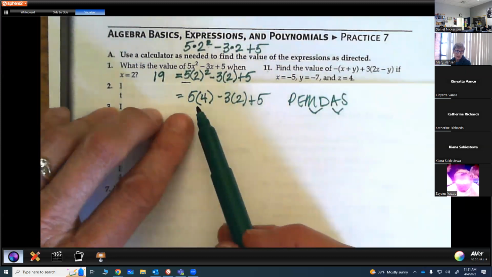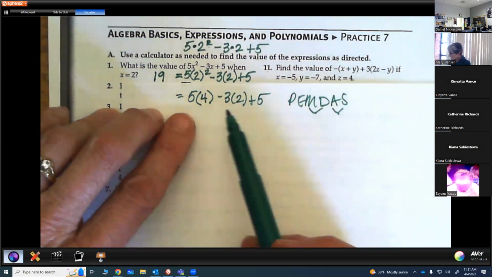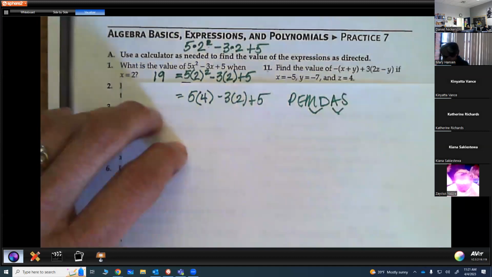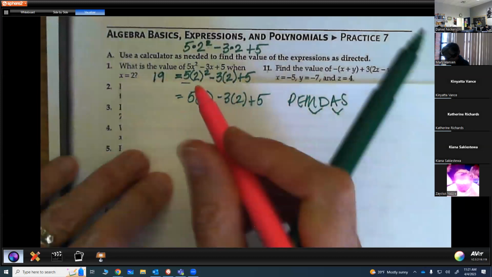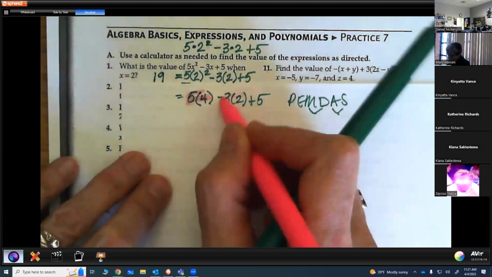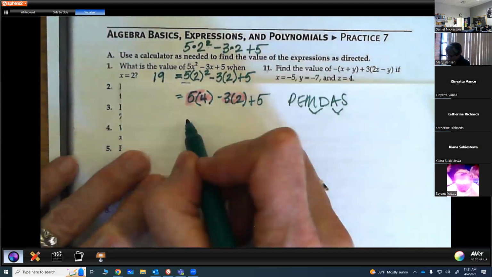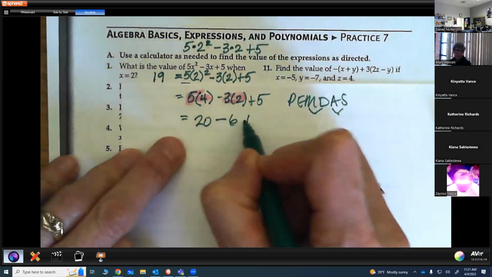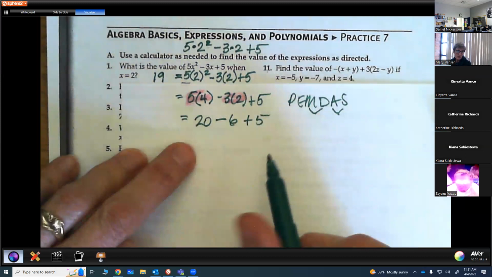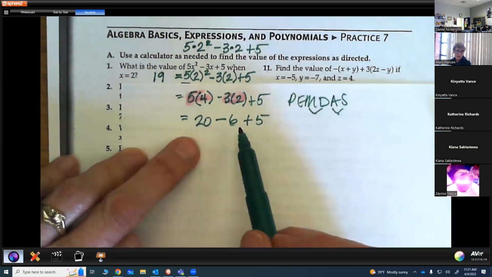Next, I do multiplication and division left to right, and I have multiplication in 2 different places. So that would be 20 minus 6 plus 5. 5 times 4 is 20, 3 times 2 is 6.